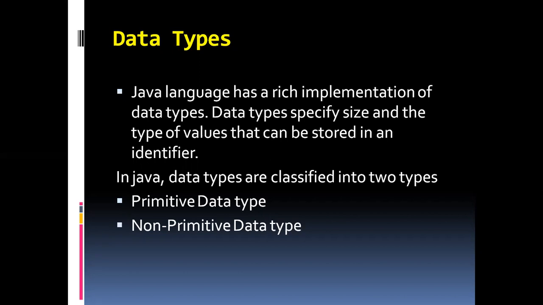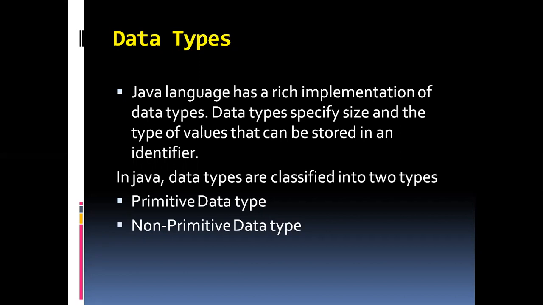For example, a mobile number has 10 digits only, that is the range. Declaring 11 digits is highly impossible. In the same way, a data type specifies a specific size and value in the range, and within the range we can store that particular identifier.